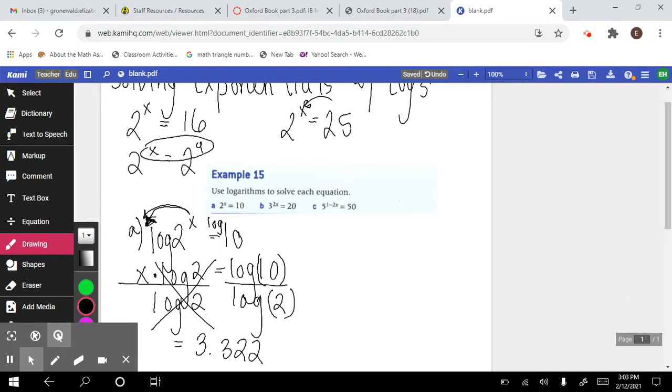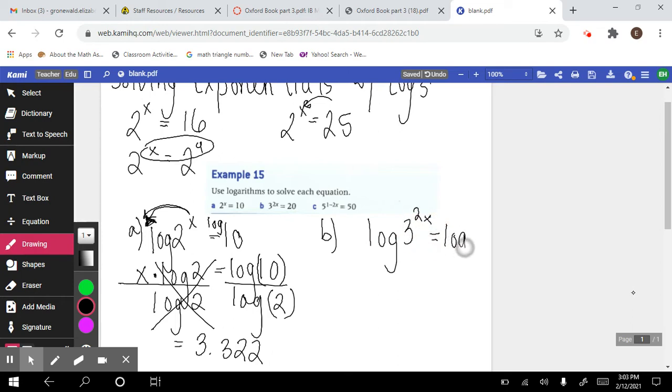So let's do the next one, part B. Same thing. I see a power that has a variable in it. I cannot change 3 and 20 to be the same base. So in order to solve this one, I need a log in front. And what I do to one side, I always have to do to the other side. Keep in mind, these are both log base 10.